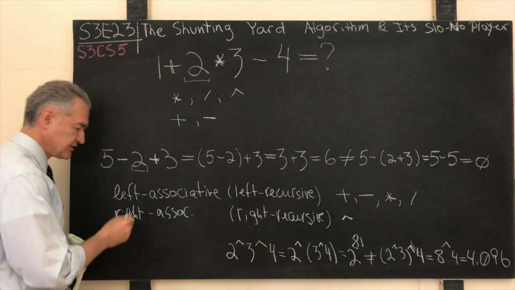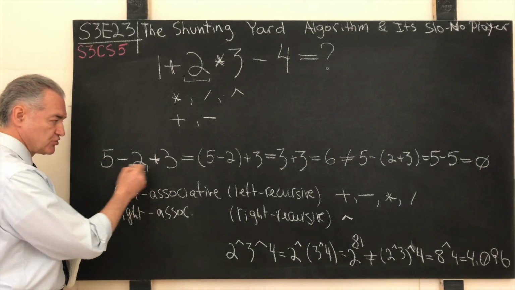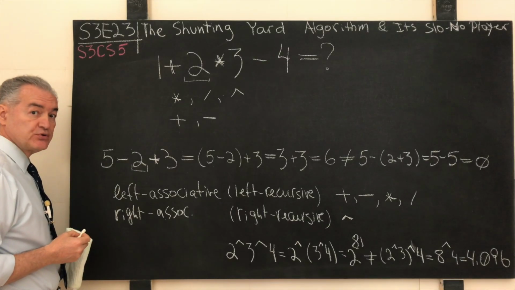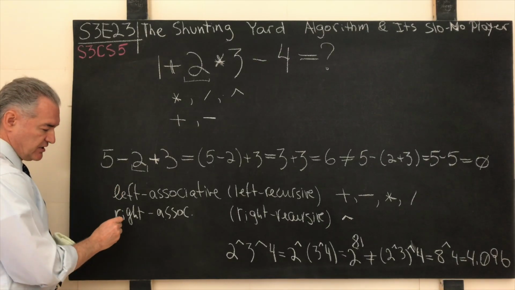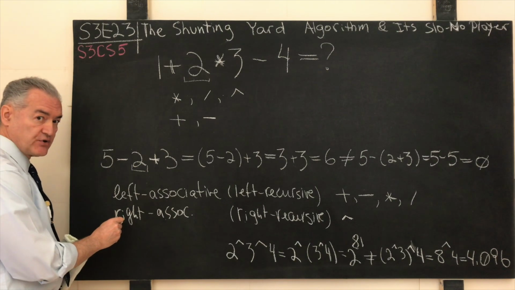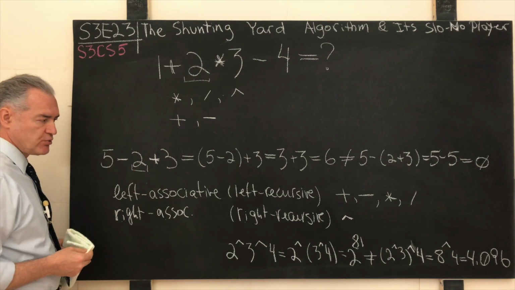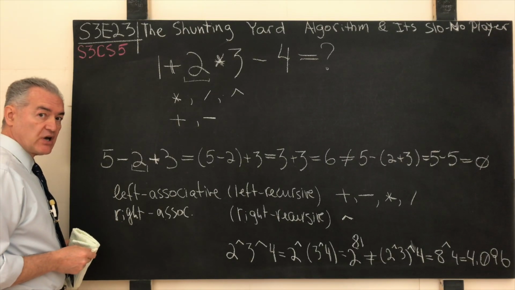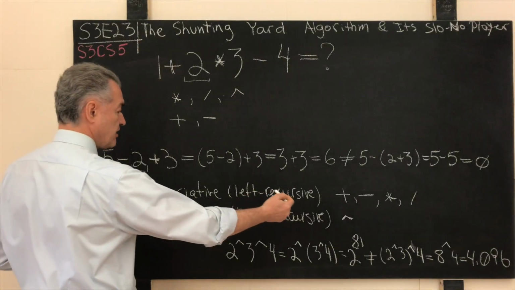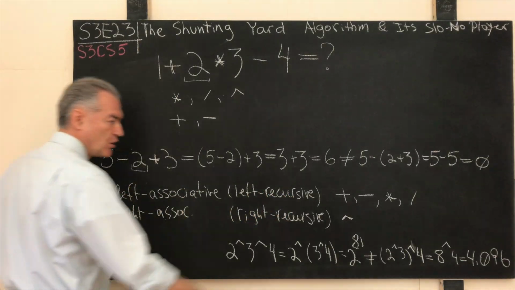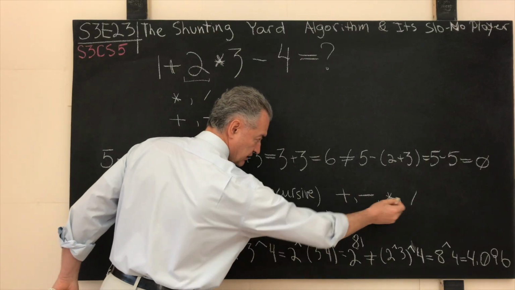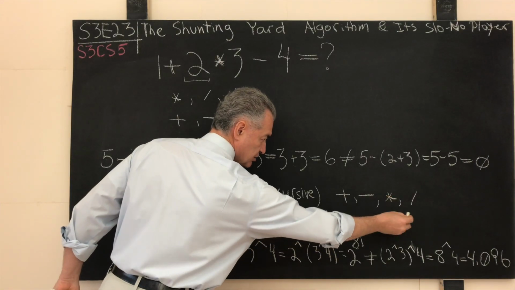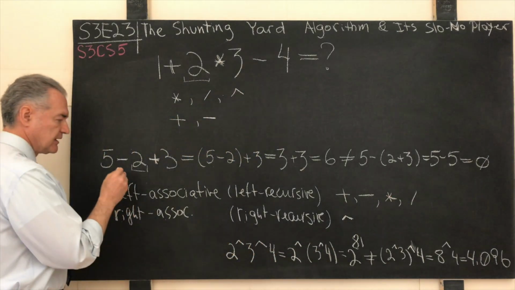If an operator is left associative, then in a string of collisions, such operators are grouped from the left. If the operator is right associative, on the other hand, then in the collision of such operators, they are grouped from the right. For example, all the popular operators in the arithmetic world, addition, subtraction, multiplication, and division, are left associative.